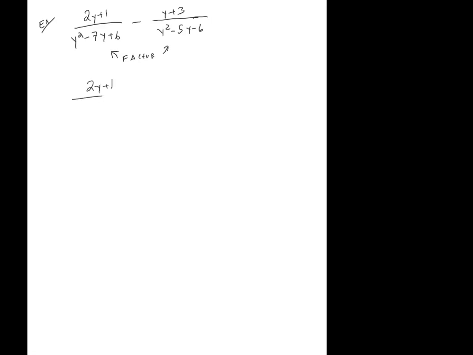2y plus 1. That should be a nice one to factor out. Y plus 3, even that one should be very nice to factor out. All right, they're both trinomials. Leading coefficient is 1.